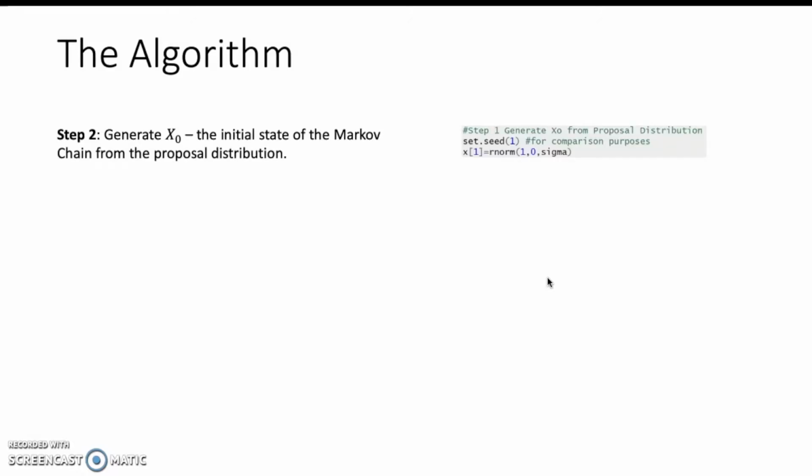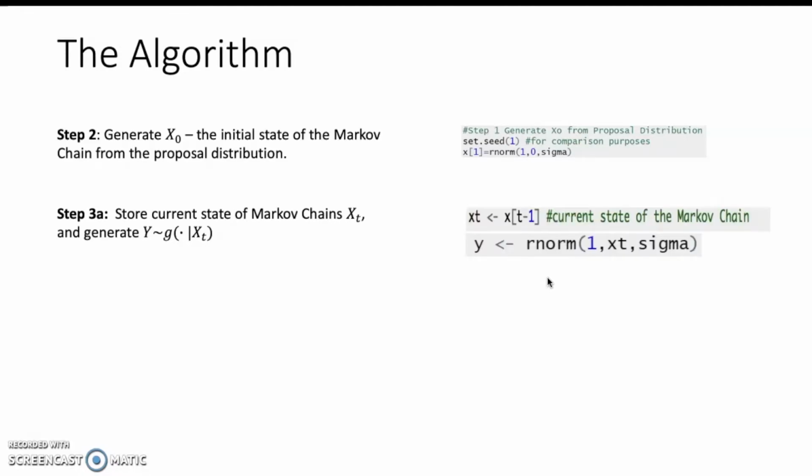The R code is, first we need to set the seed, and then x1 equals rnorm(1, 0, sigma). Step 3a, store the current state of the Markov chain xt and generate y from g(xt). xt equals x(t-1) first, and y equals rnorm(1, xt, sigma). Step 3b, generate u. Here u is uniformly distributed, so just u equals runif(1).